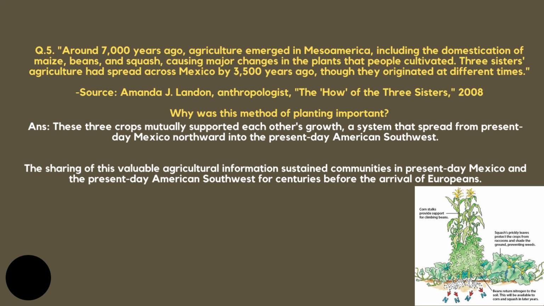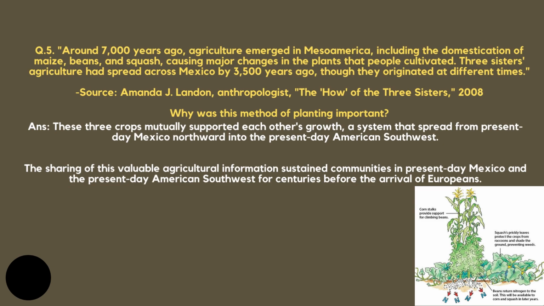Number five: around 7,000 years ago, agriculture emerged in Mesoamerica, including the domestication of maize, beans, and squash, causing major changes in the plants that people cultivated. Three Sisters agriculture had spread across Mexico by 3,500 years ago, though the crops originated at different times. Why was this method of planting important?